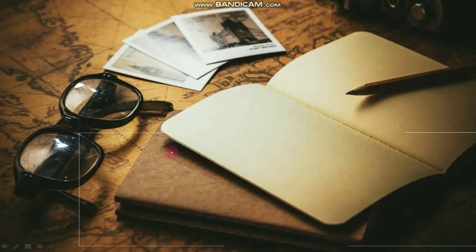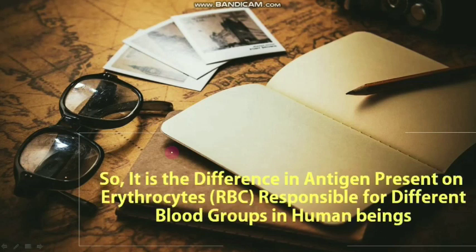We can see that the main difference is the difference in the antigen present on erythrocytes, otherwise known as red blood cells or RBC. So the antigen expressed on the red blood cell is responsible for the different blood groups in human beings.